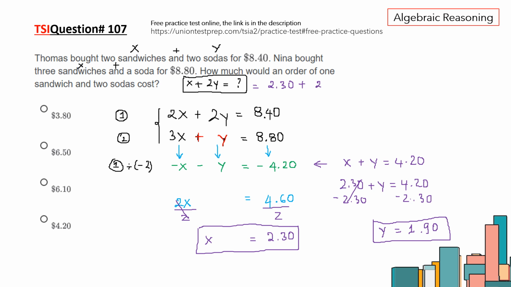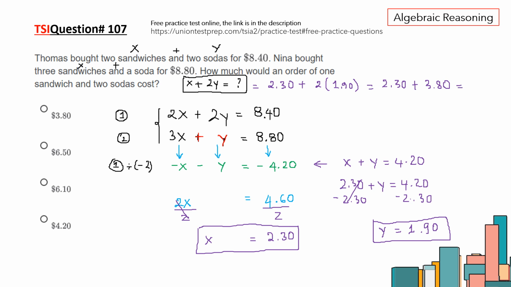So you want 2 sodas. So 2 times 1.90, and then calculate 2.30 and 3.80. 1.90 multiplied by 2 is 3.80.